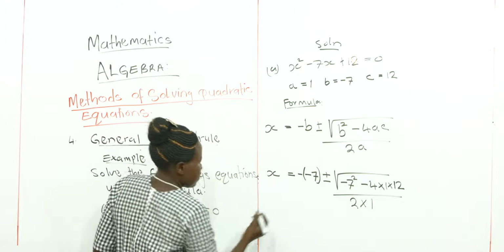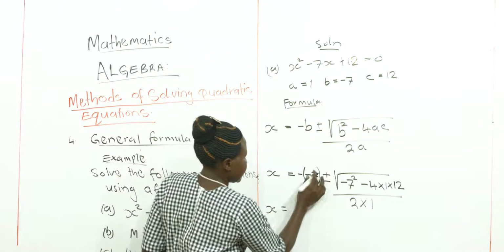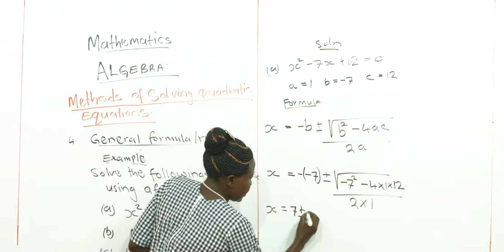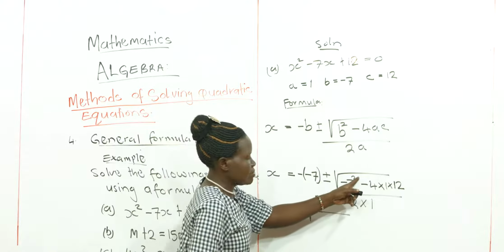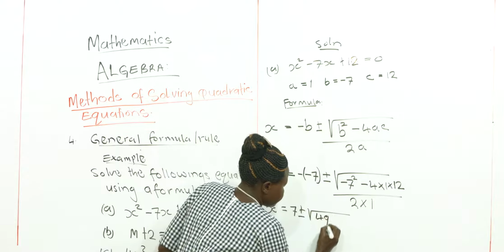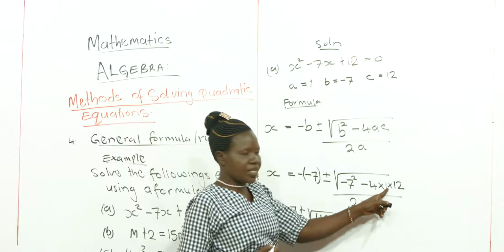So now from there I will have x equals to a negative gives us positive 7 plus or minus a root of what? A root of negative 7 times negative 7 gives us 49. And then here we have 4 times 1, we get 4.